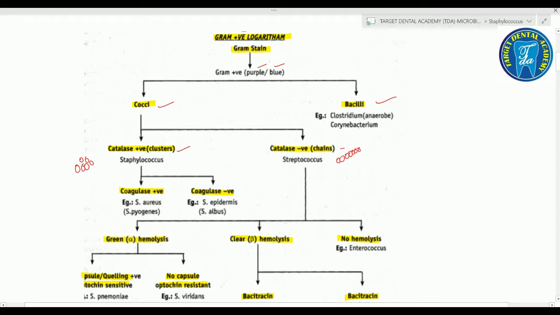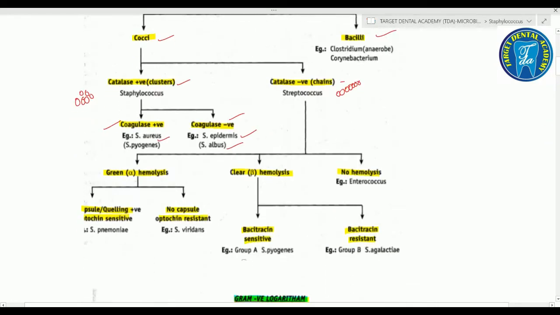The Staphylococcus are divided into coagulase positive and coagulase negative. Examples of coagulase positive are Staphylococcus aureus and Staphylococcus pyogenes, while examples of coagulase negative are Staphylococcus epidermidis and Staphylococcus albus. Now let's discuss the catalase negative bacteria present in chains, like the Streptococcus.